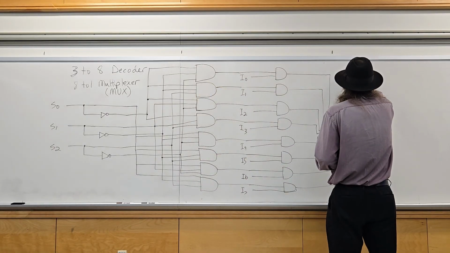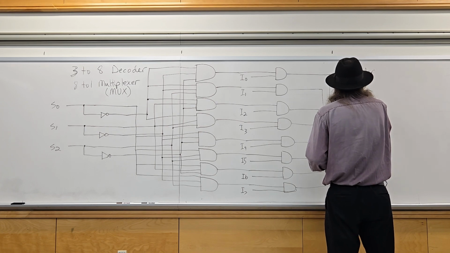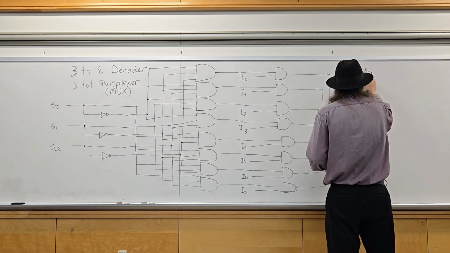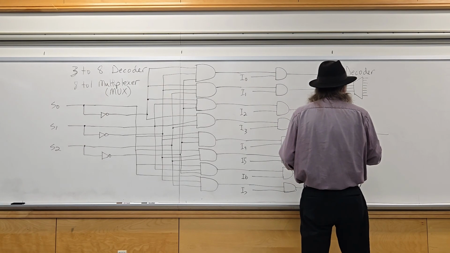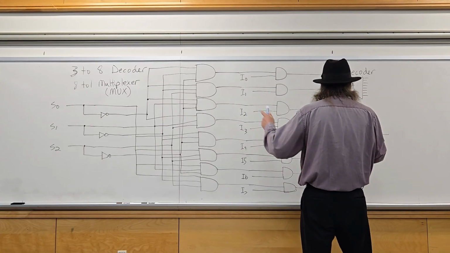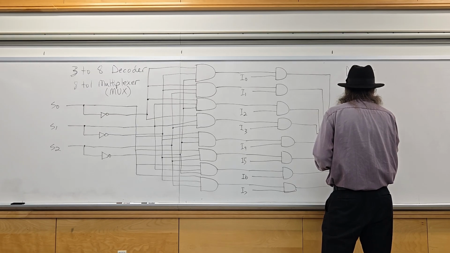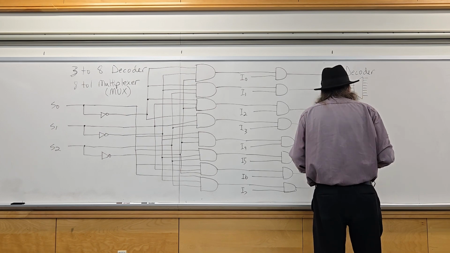Let's see here. The decoder is typically drawn on a schematic like so, and the multiplexer is a trapezoid going the opposite direction, where you have your 3 select inputs and 8 inputs this way.